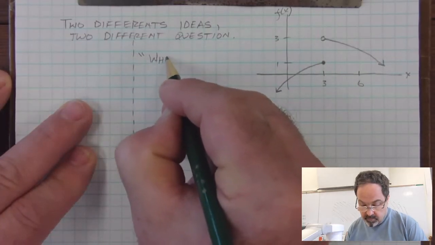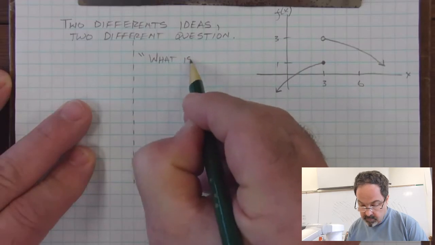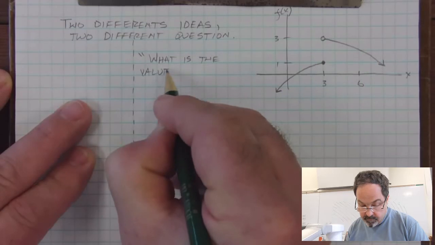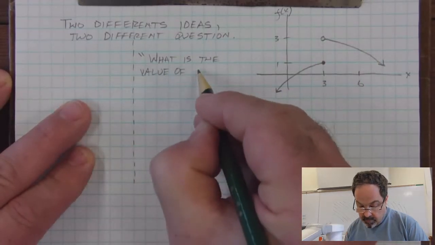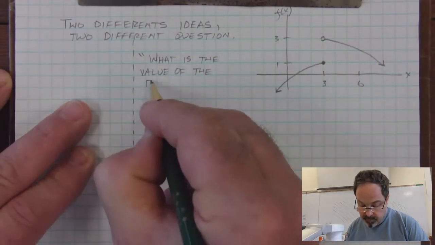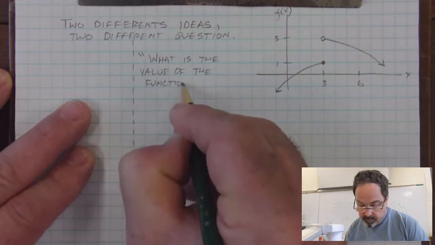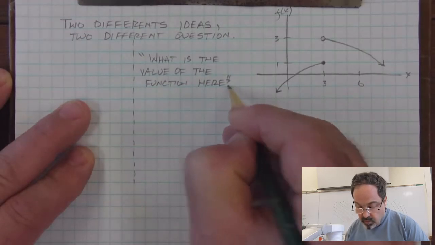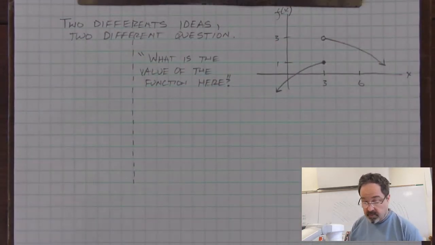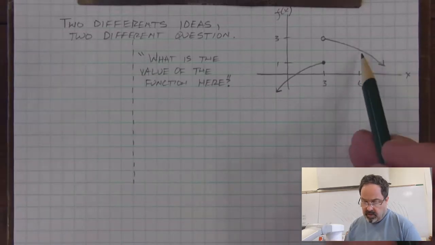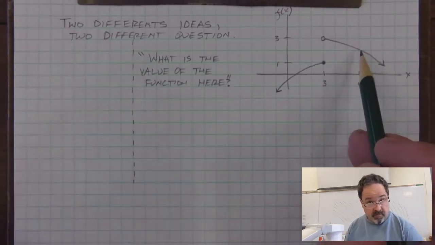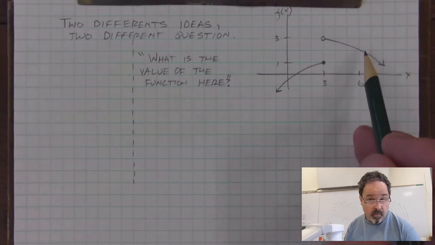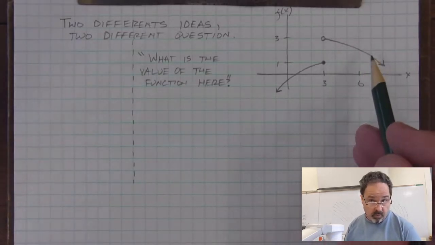What is the value of the function here? And we put it in quotes and word it this way to imagine that we could be on this function as if it's a path that we could move along, and we can think about where we're going and where we are when we're on this function.